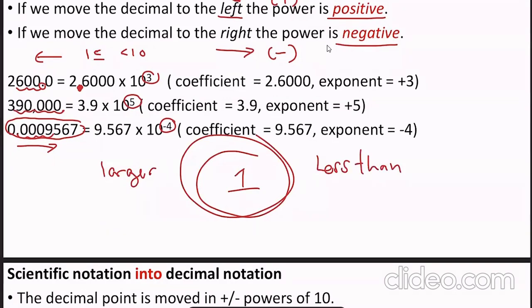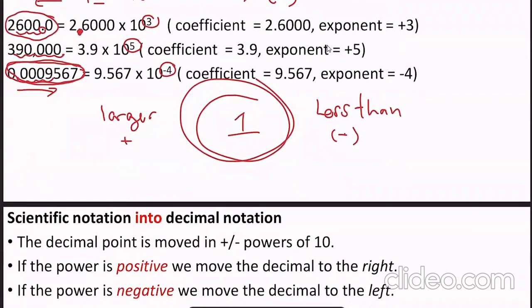If this value is larger than 1, my exponent will always be positive. I don't have to think right, left, right, left. If my value is smaller than 1, my exponent is going to be negative. So it doesn't really matter left, right, right, left.